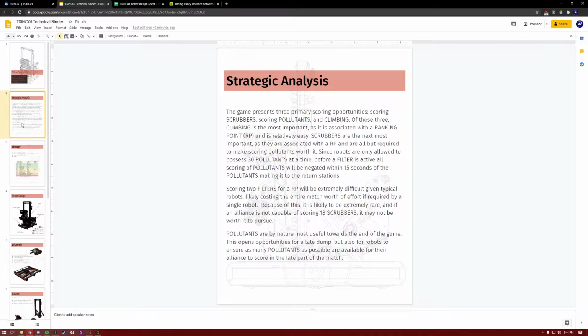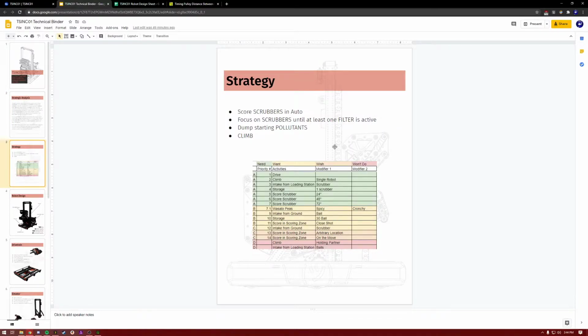Climbs are king, and you've got to get scrubbers in, and maybe you get some pollutants in at the end of the match. So that informed this strategy list, which is basically focus on scrubbers, focus on climbing at the end, and if you can, get some pollutants in. So this entire robot was designed with those things first in mind.